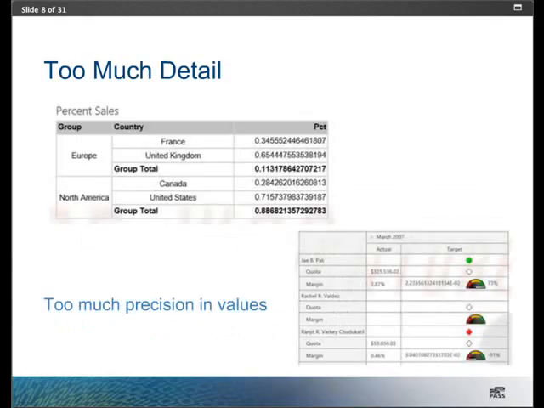Then we have the opposite problem of missing context when we have too much detail in our dashboard. There are many different ways that this could be done. For example, I pointed out this table that's got very precise data, lots of decimal places there, but how many are really necessary to convey whether that's a good number or a bad number?